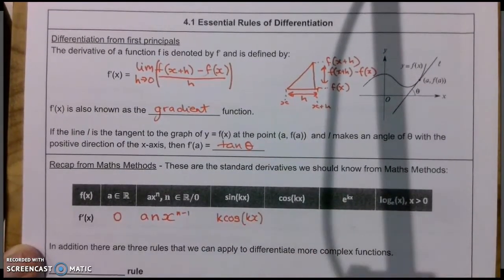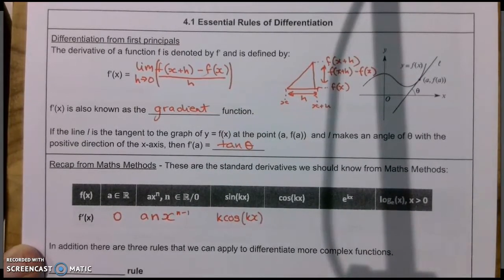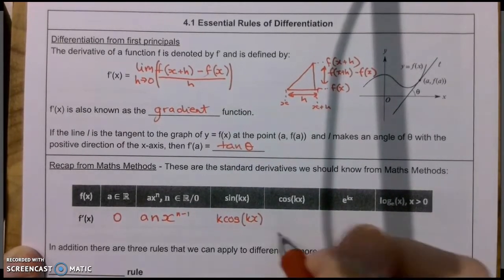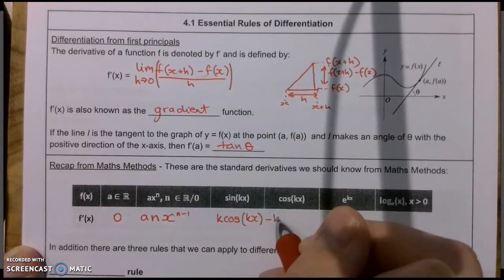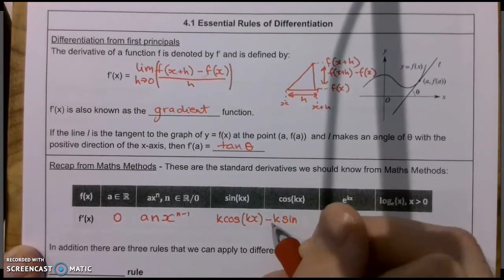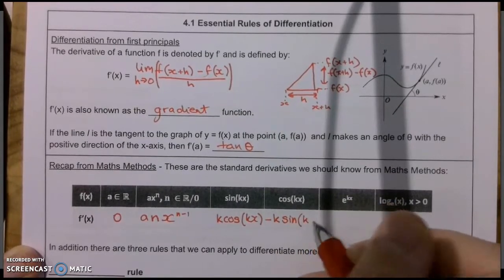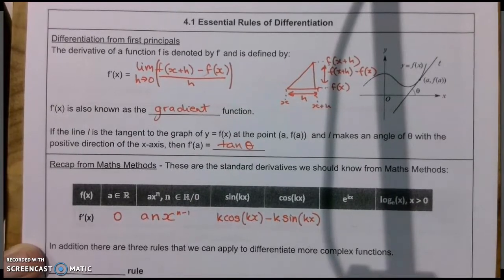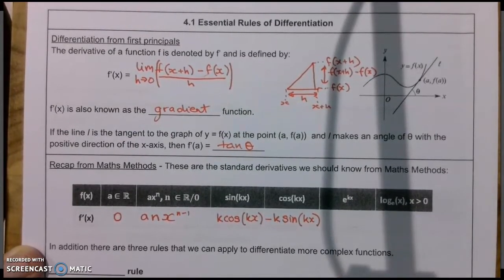But if I think about cos, and I think about the gradient of that graph, the gradient must start at 0, but it's straight away negative as that cos function comes down, which reminds me that there is a minus sign involved, and the gradient of cos kx is minus k sine kx. This idea of the k's coming down in front is really common.